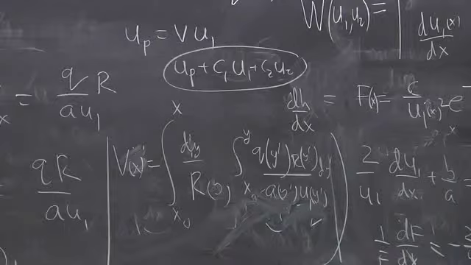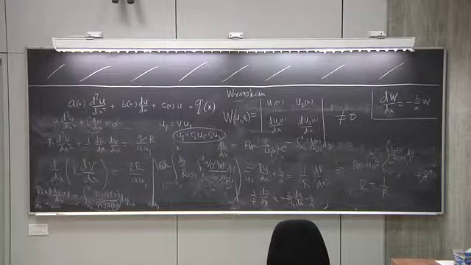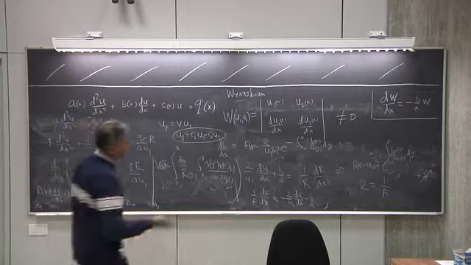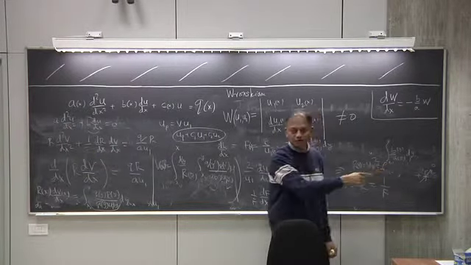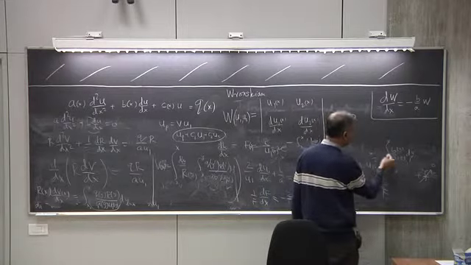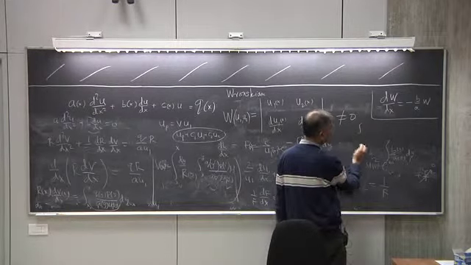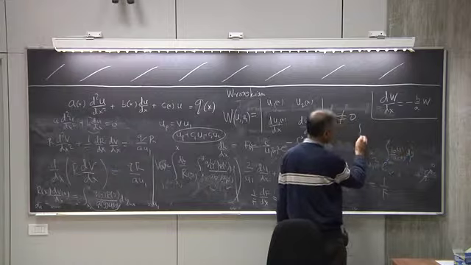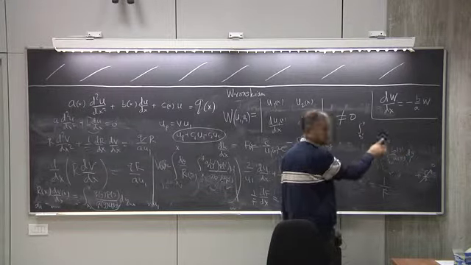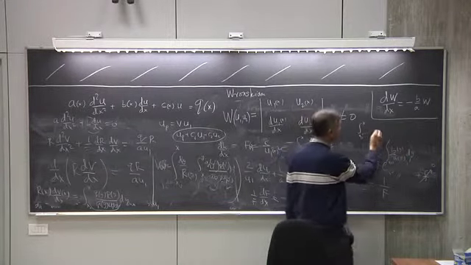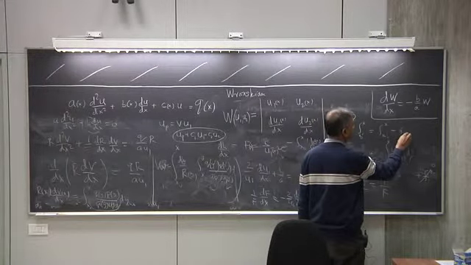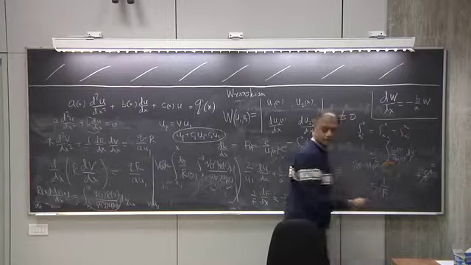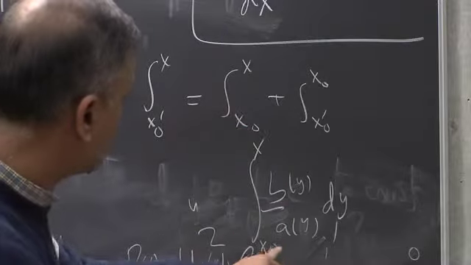For example, if I change the x naught, what does it do? If I change x naught to x naught prime, this integral goes from x naught prime to x. But this is the same as x naught to x plus x naught prime to x naught, where the first is the original one.